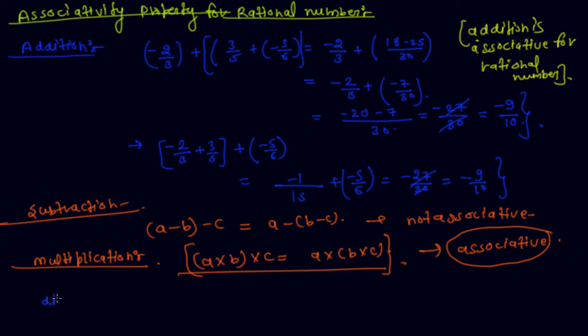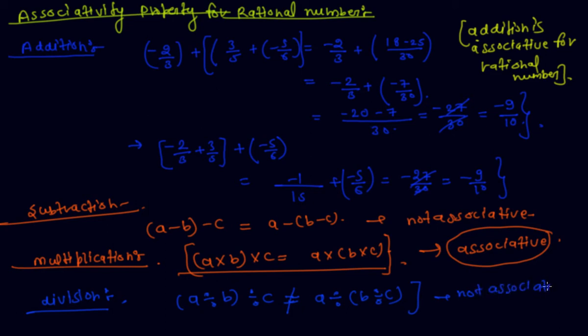Now if we take division, in associative form it means a divided by (b divided by c). First solve this bracket, then divide. In another form, (a divided by b) divided by c. Take the values of a, b and c of your choice in rational numbers, and these are not always equal.